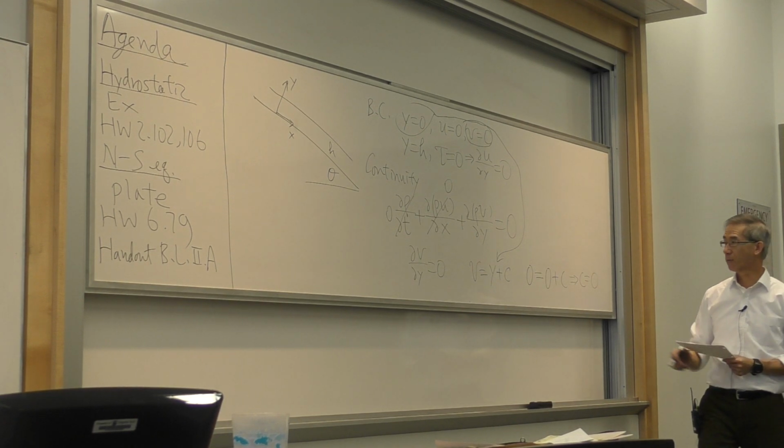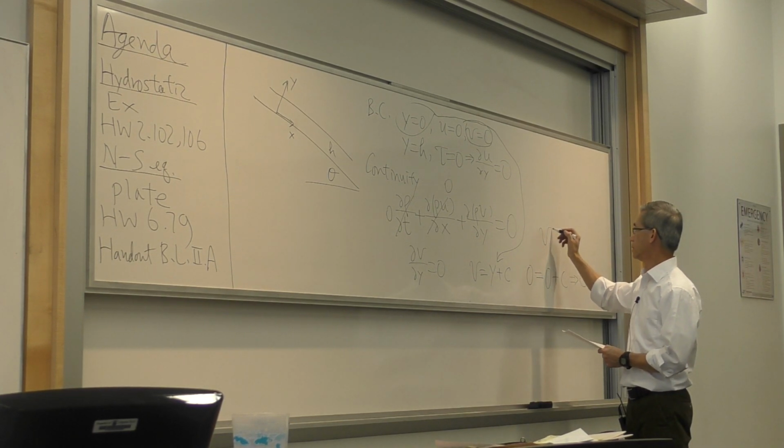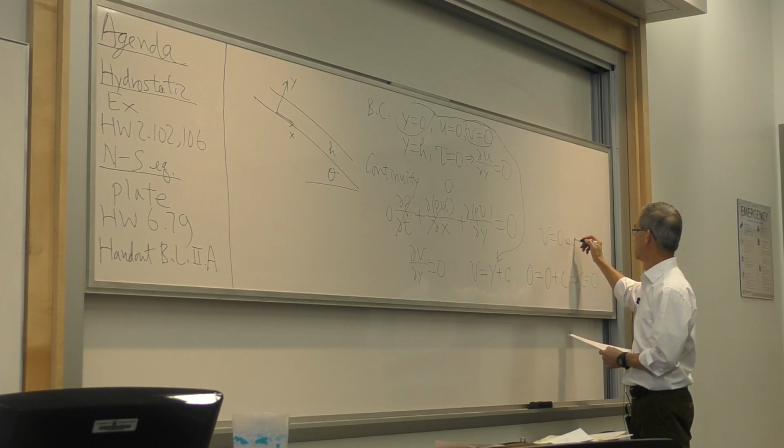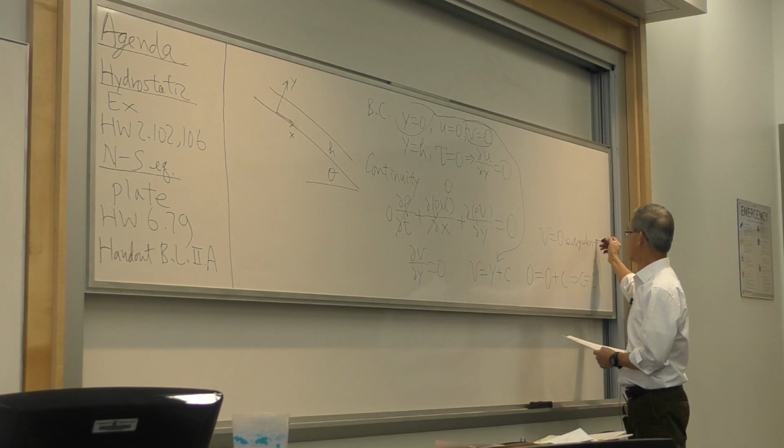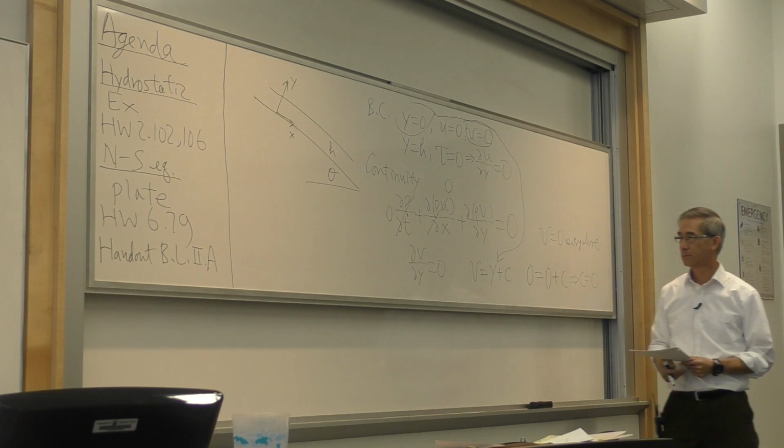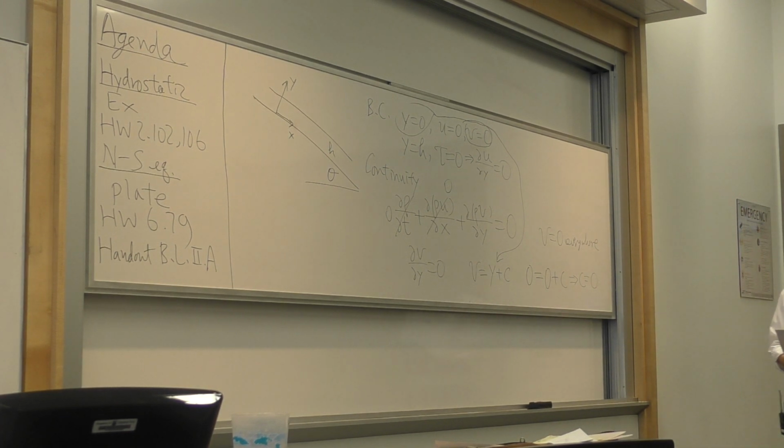So v is 0 everywhere. Does that make sense?